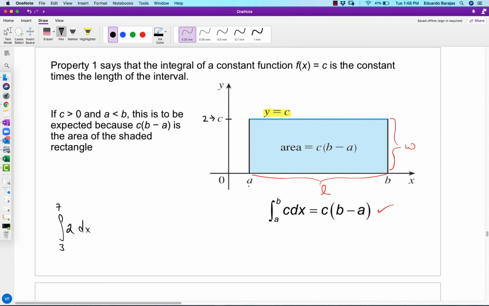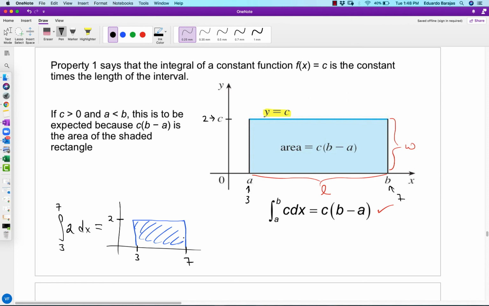And then the a would be a 3, and the b would be a 7. So pictorially, we can describe this to be something that looks like this. It's going to be a rectangle. And we want that area right in there. And this has a height of 2. And this starts at 3 and goes out to 7.